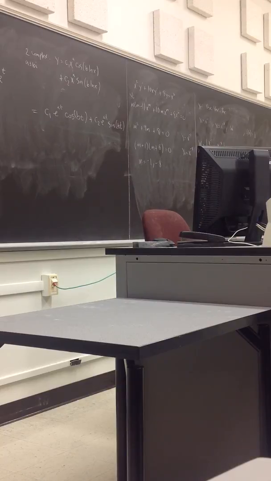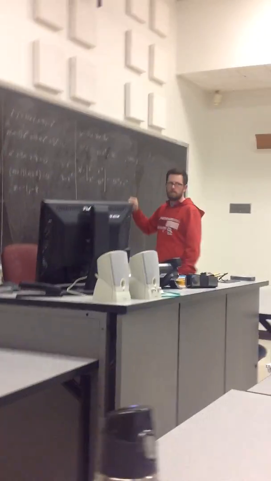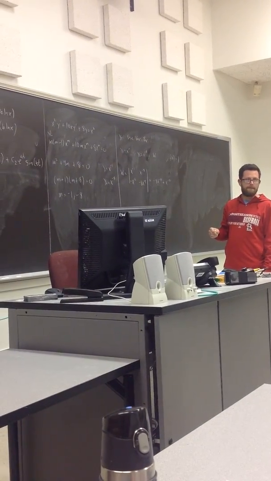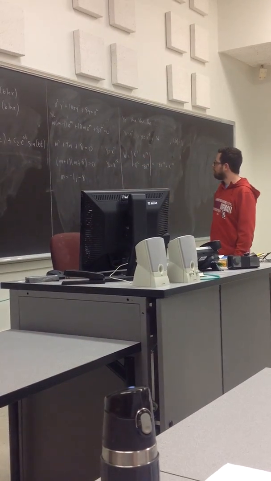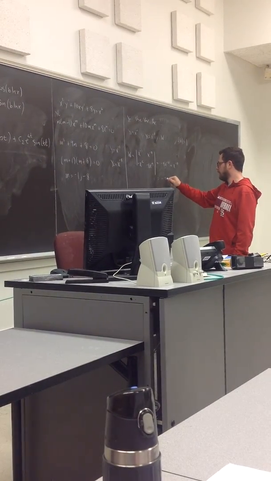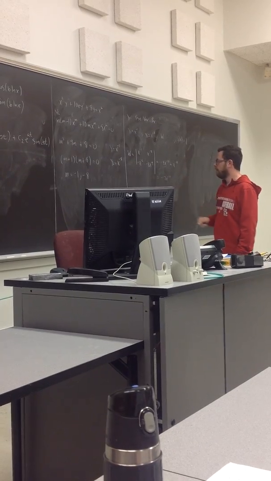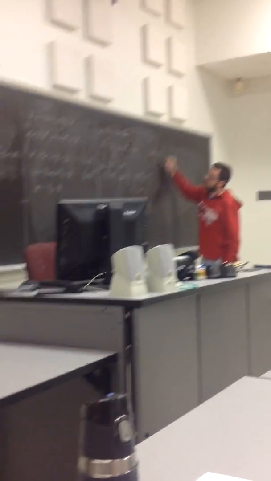The Wronskian is minus 1 times minus 8 x to the minus 9 minus x to the minus 8 times this, so this is minus 7 x to the minus 10.